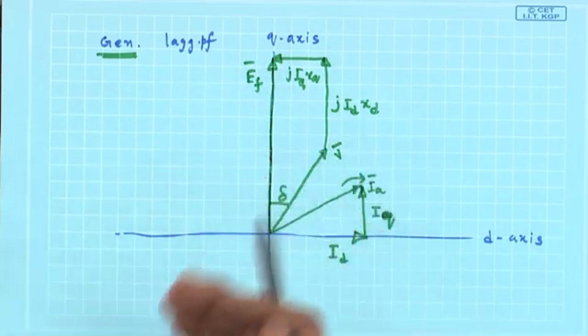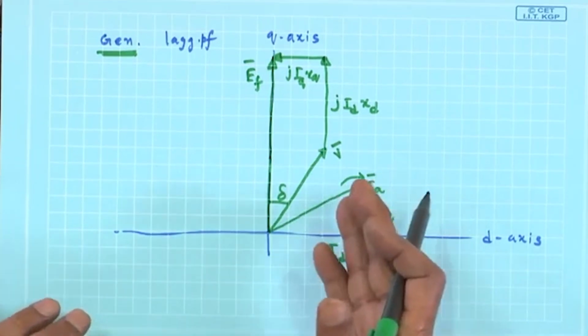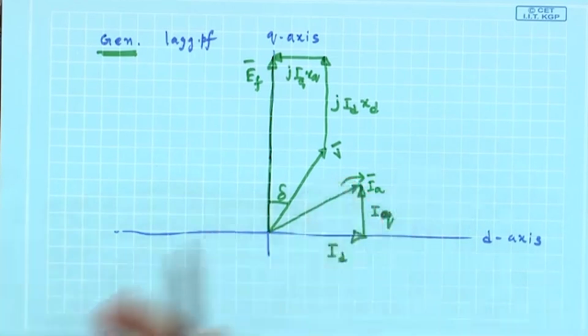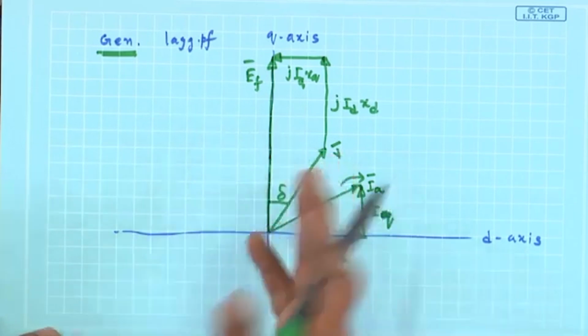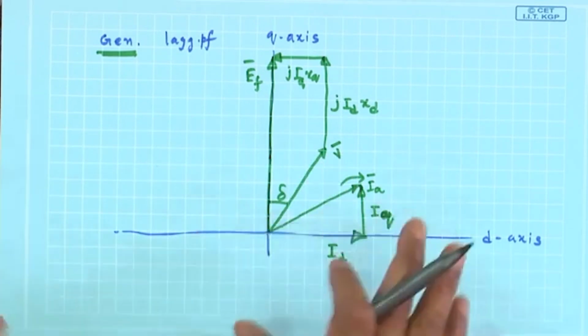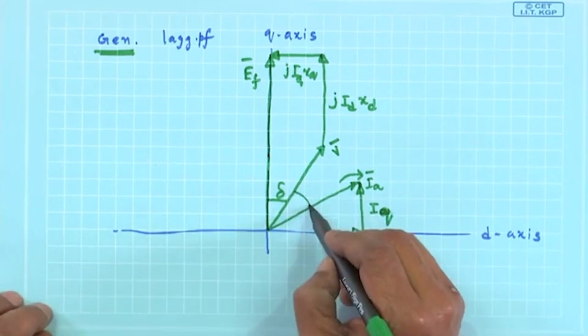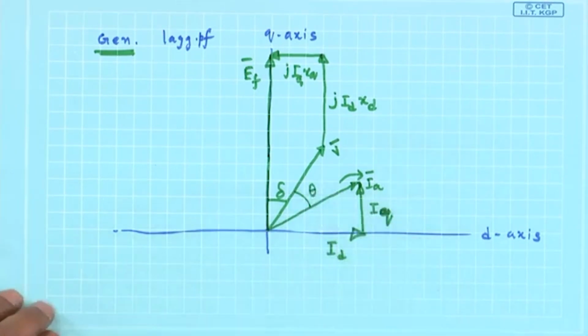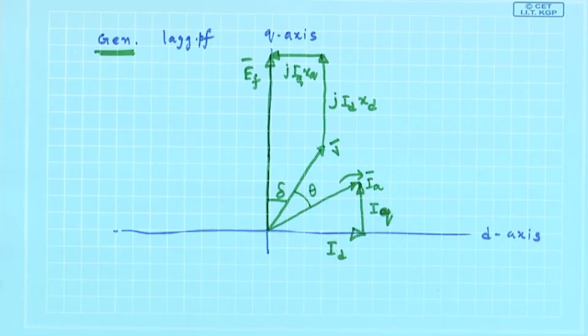And you know, at lagging power factor, a generator is over excited, because Ef is greater than the magnitude of V, everything is consistent. If you want theta, theta will be this angle. Got the point? This is how I have drawn the generator at lagging power factor.